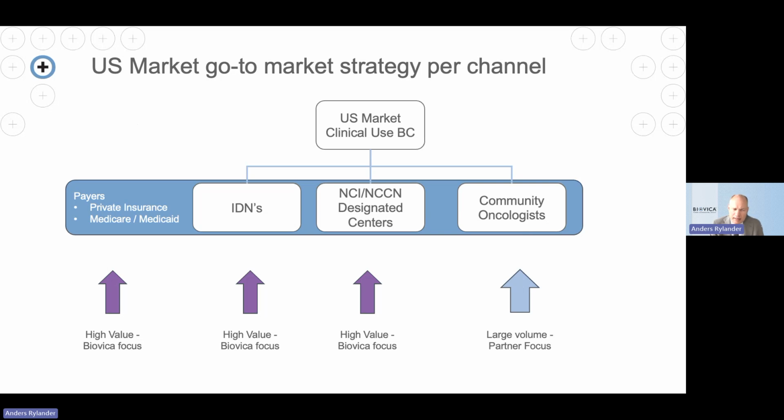So a Medicare patient could be at an IDN, an NCI center, or with a community oncologist. Same thing with the private insurance company. It depends on how the patient is insured. So working with the payers will benefit us in all three of these categories.